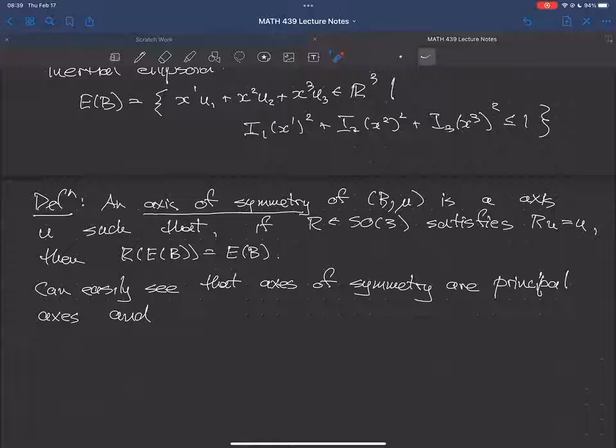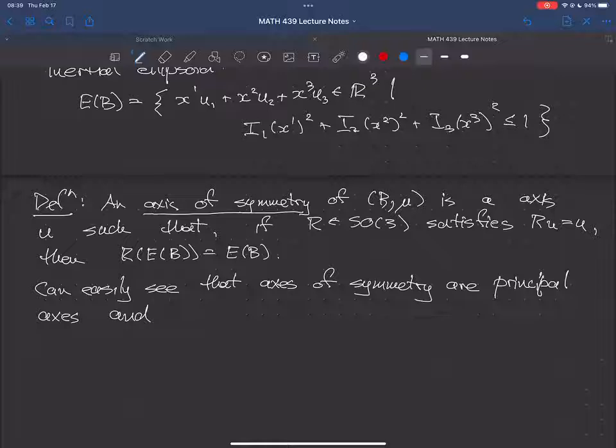So what does that mean geometrically? Well, let's say that it's the third axis that is my principal axis that I'm talking about here. It could be one or two, but let's just for simplicity choose that. So what that means is that when I take a cross section in the x1, x2 direction, I get a circle. So that means that I1 and I2 must be the same.